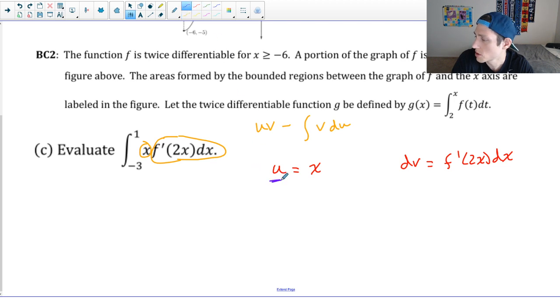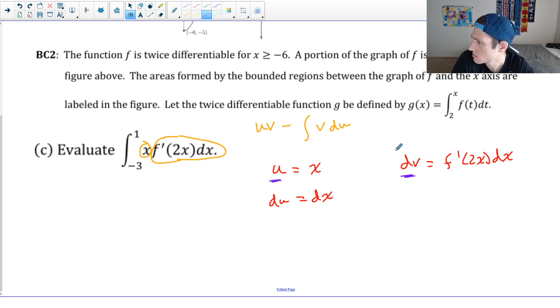We always start with picking u and dv. We don't start by picking u and v. Okay, so for du, we take the derivative of both sides, so du/dx equals 1. So du equals dx.